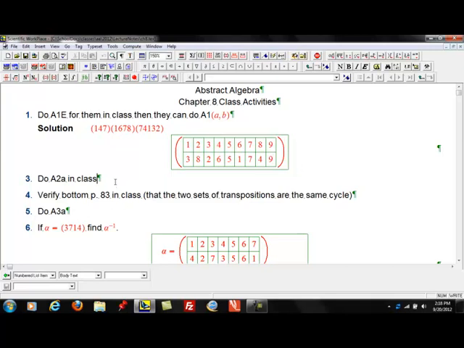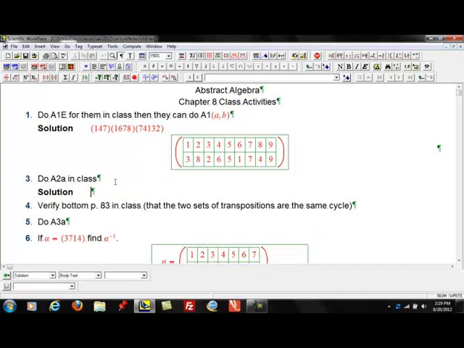Okay, so then let's look at A2A. That was A1E, now A2A. This one says, write each of the following permutations in S9 as a product of disjoint cycles.